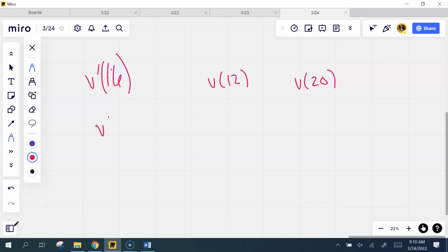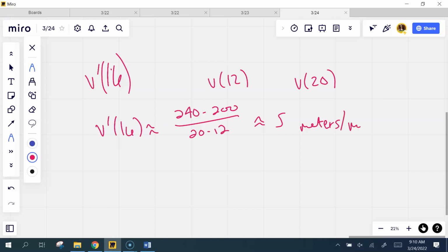So I said the derivative at 16 is approximately 240 minus 200 over 20 minus 12, which is approximately, remember you don't have a calculator, I had 40 over 8, which is 5 meters per minute. That was 1 point. One great big point just for getting 5.